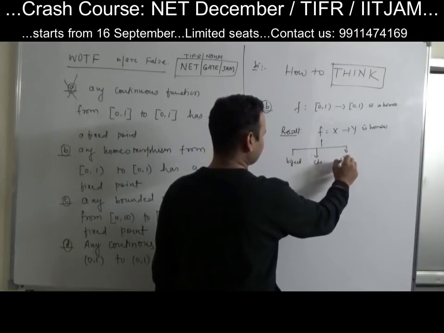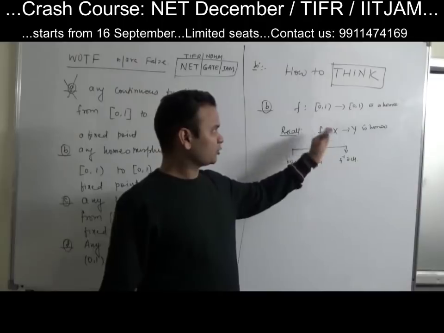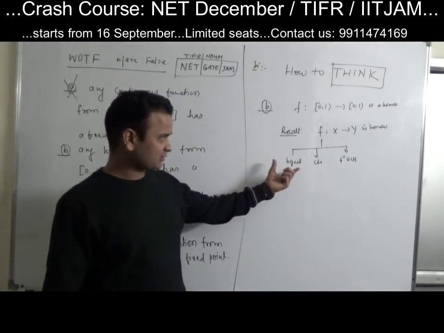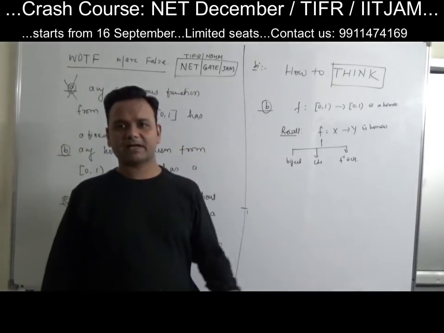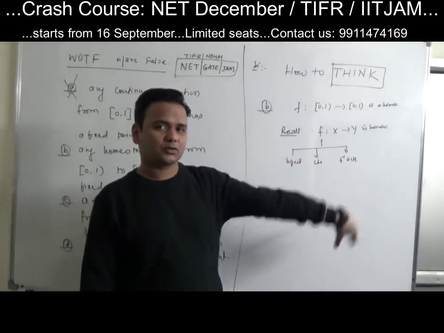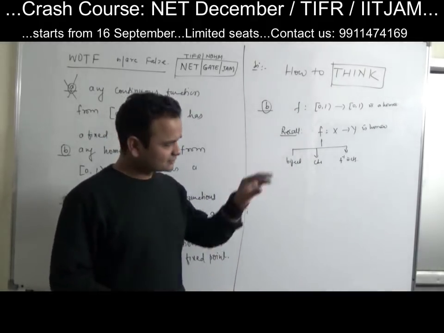If these three conditions hold for such a function f, then it's called a homeomorphism. Also, you can check that bijective and continuous plus open map implies homeomorphism, and bijective and continuous plus closed map implies homeomorphism. These are small exercises, please do them.